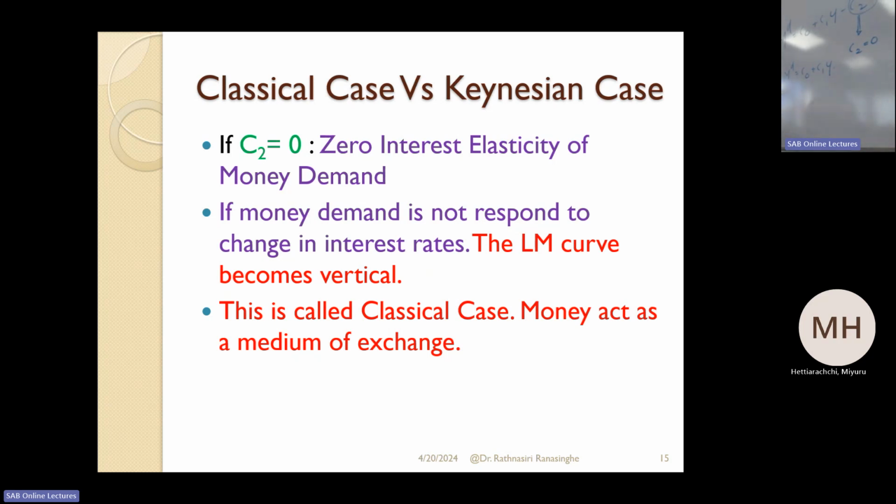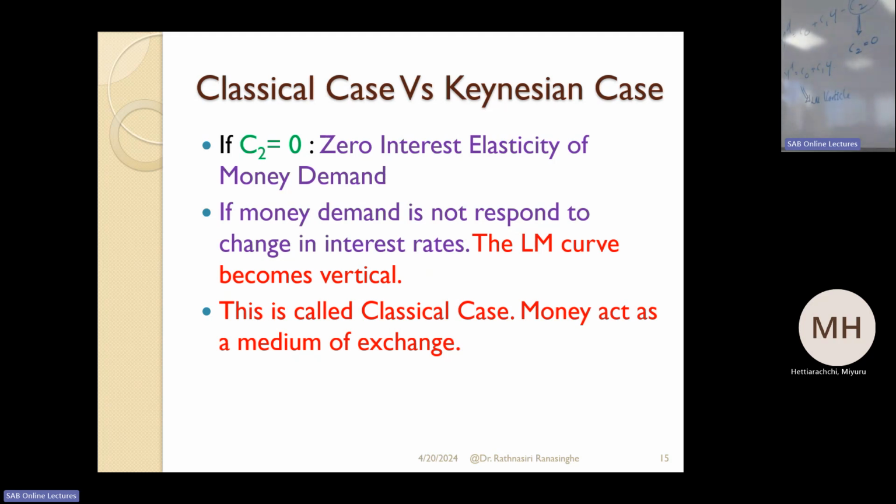So under these circumstances, the LM curve becomes vertical. The LM curve becomes vertical because, if we take the money market equilibrium, we know that money demand equals money supply at the equilibrium.